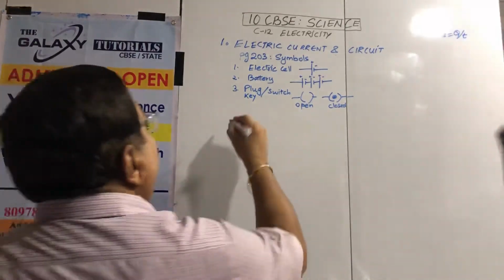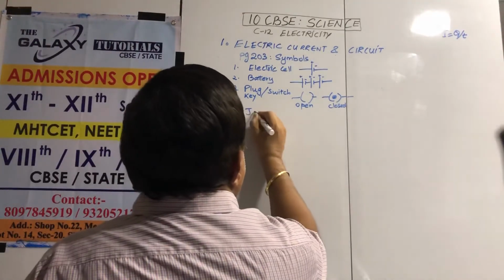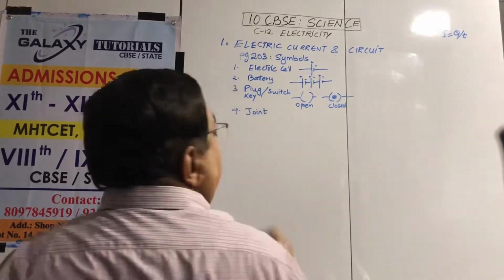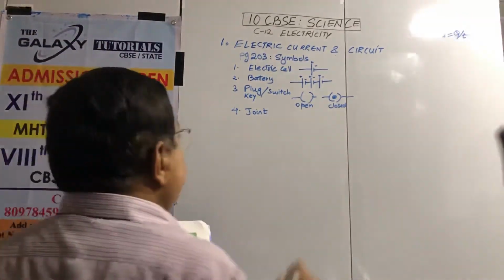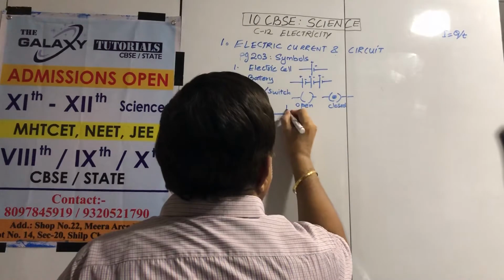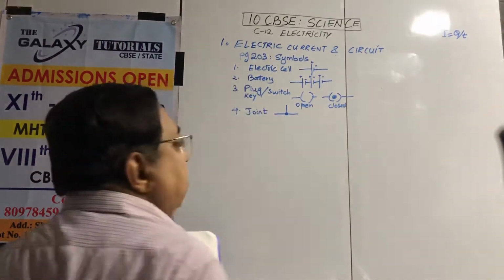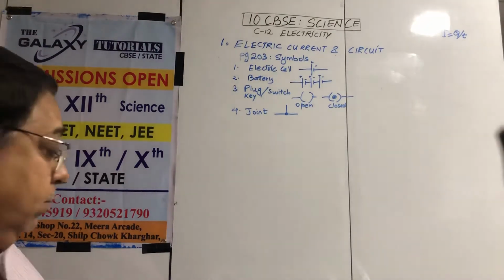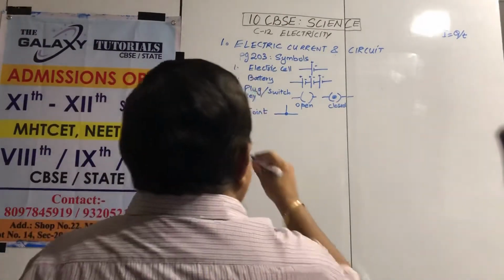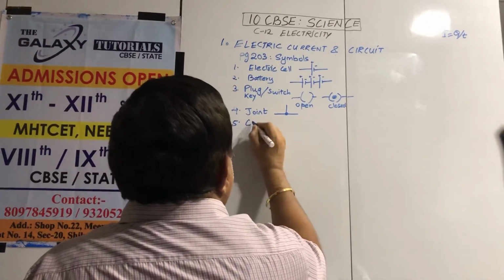Next, a wire joint. We may have to join circuits, like one is going to the fan, and from that I have taken a branch for the tube light. So we show joints by a small dot. This means a joint. Then, wire crossing.